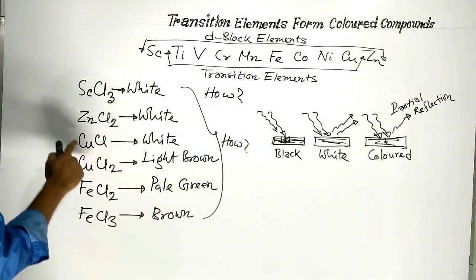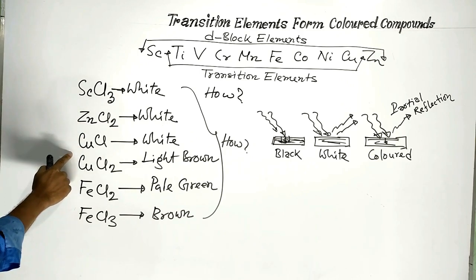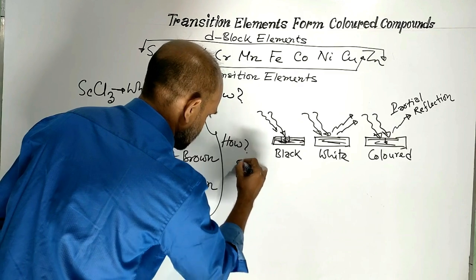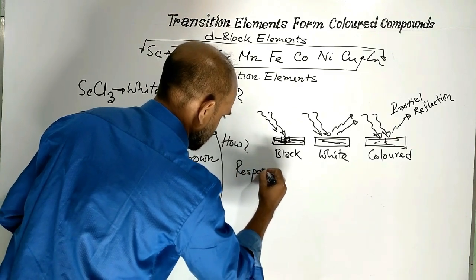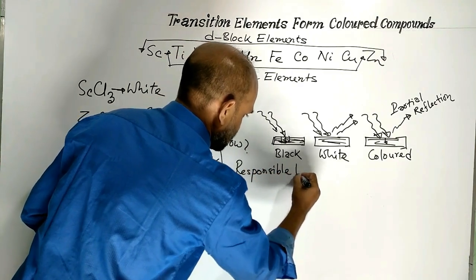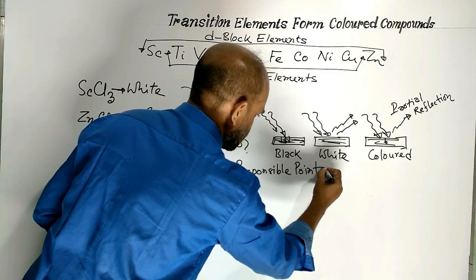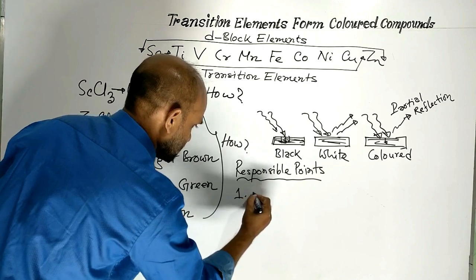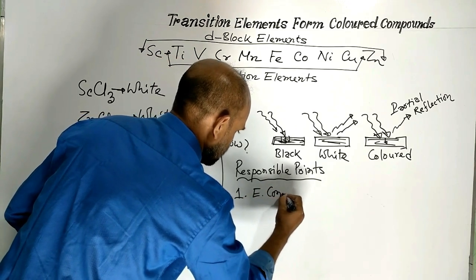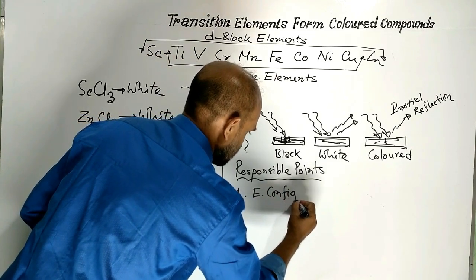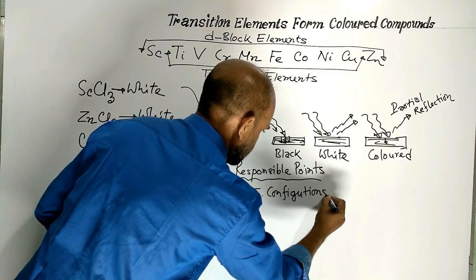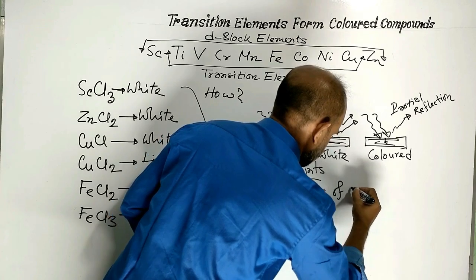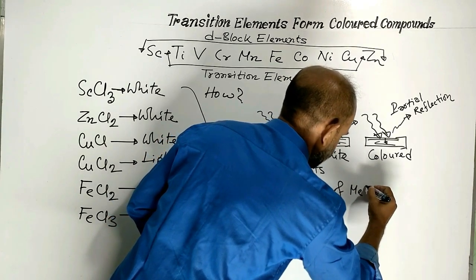In case of compounds of transition elements, 3 points are responsible. Point number 1: electronic configurations of metal cations.